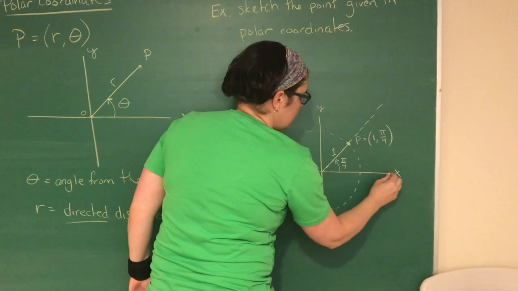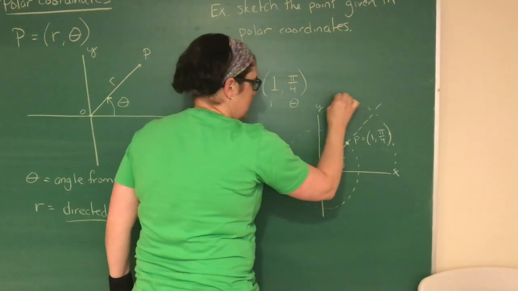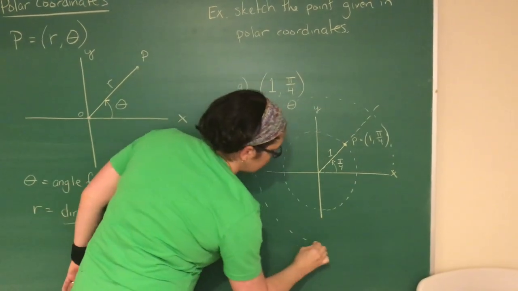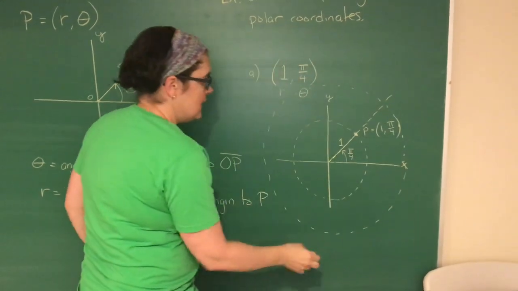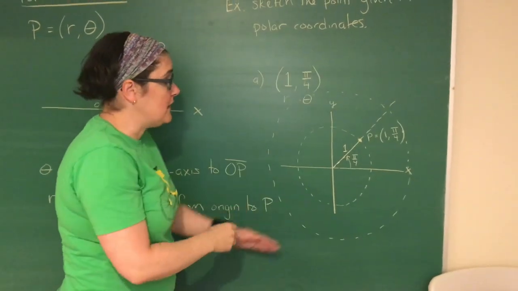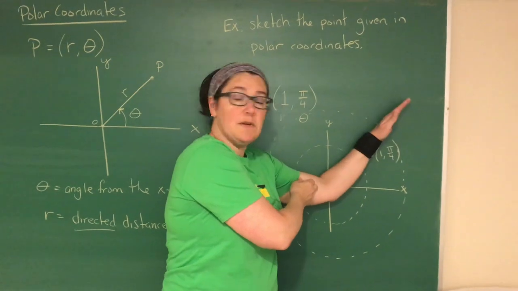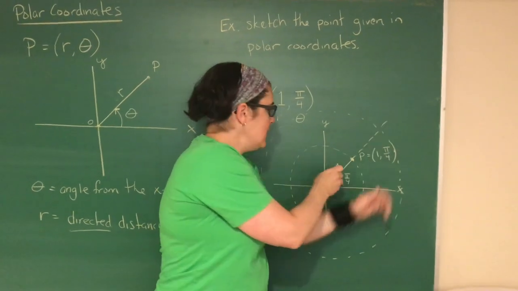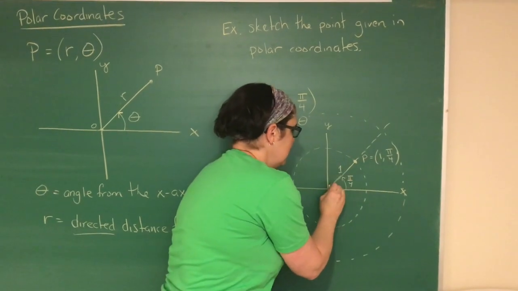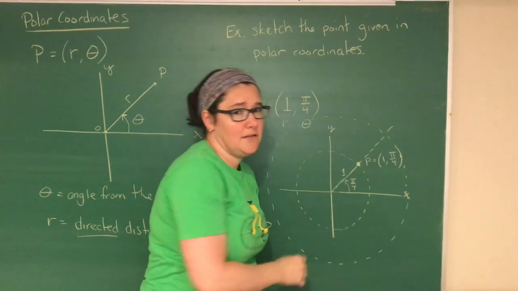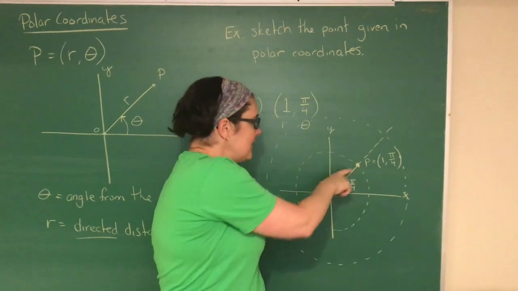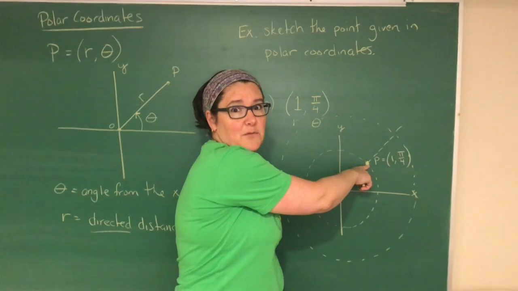And then I can also create a circle with a radius of 2, and then another circle with a radius of 3, so that once I swing up to an angle of pi over 4, then I walk out along this line till I hit a radius of 1.